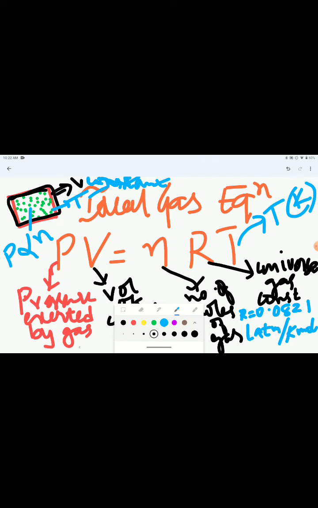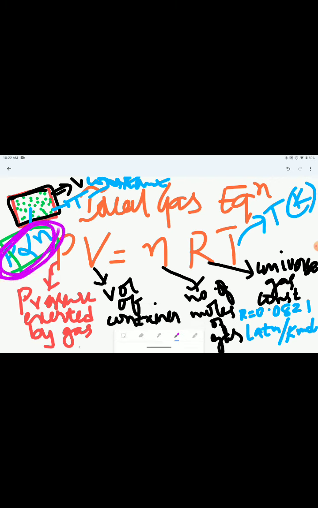This is a very good relation which is mostly useful in JEE Mains. When the volume and temperature of the gas molecules present in the container are kept constant, then the pressure exerted by the gas inside the container is directly proportional to the number of moles of the gas inside the container. This is the thing everybody should learn.